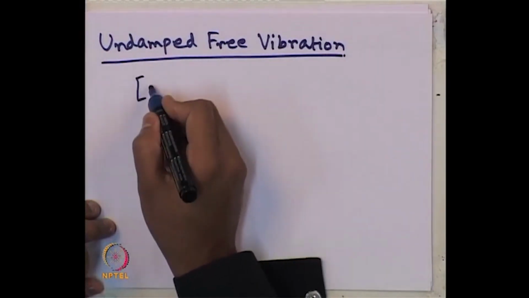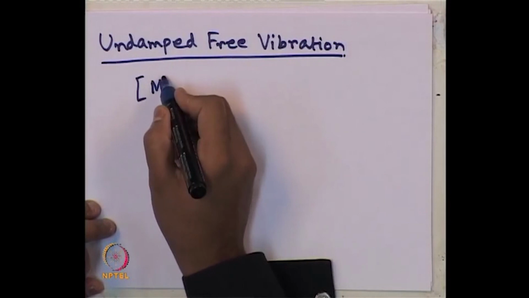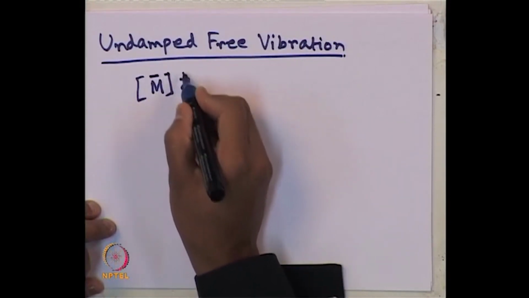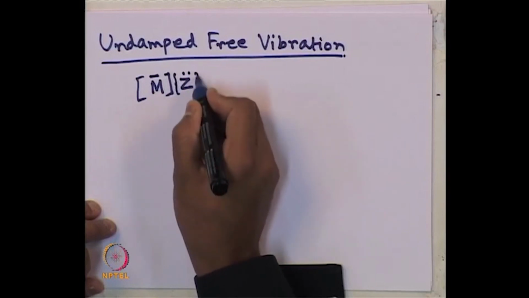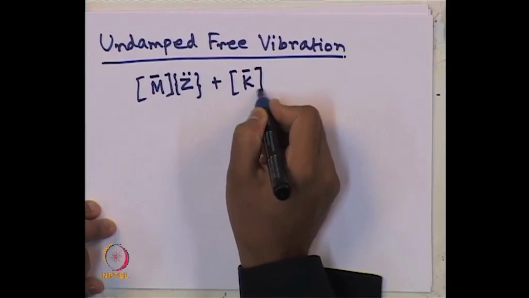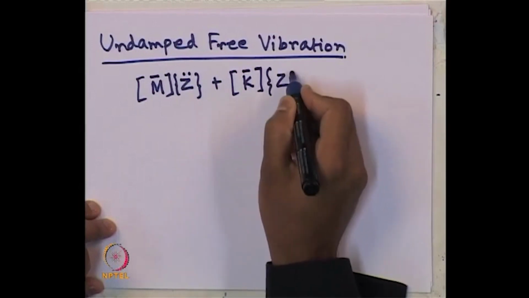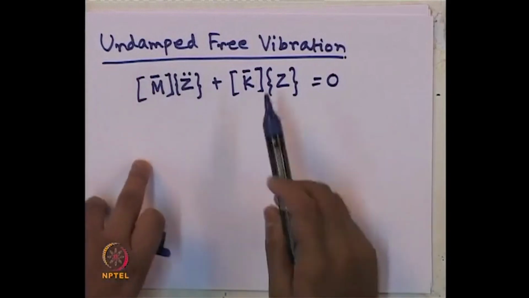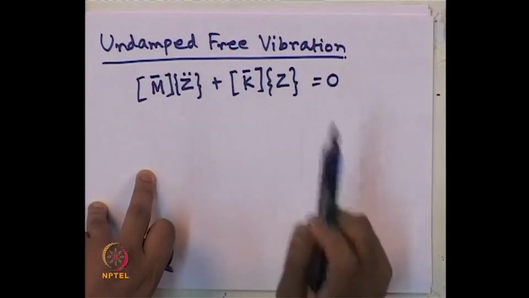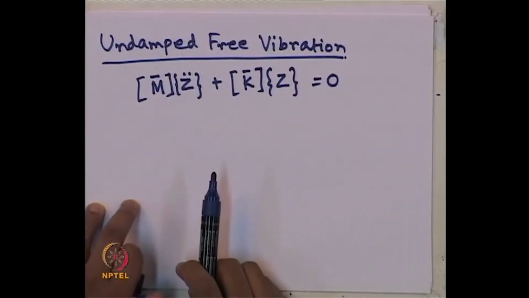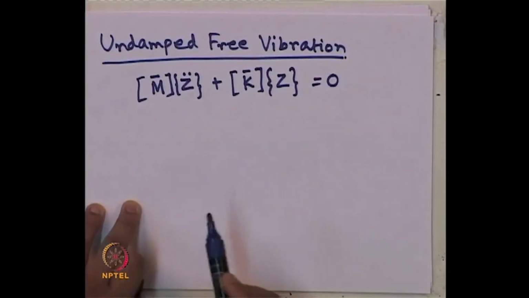What we have? M bar z double dot plus k bar z equals 0, because undamped. So, the C matrix is not present, and free vibration, so the F bar vector is not present.